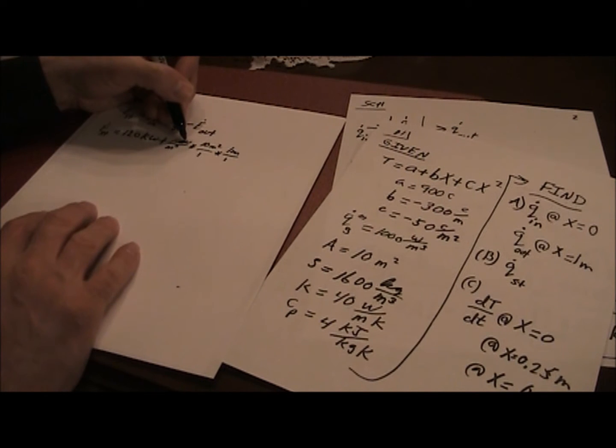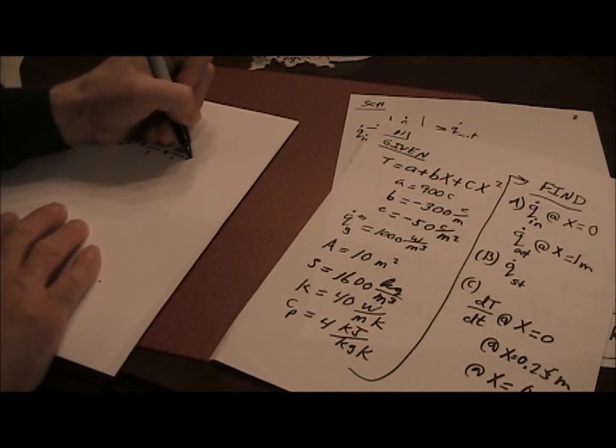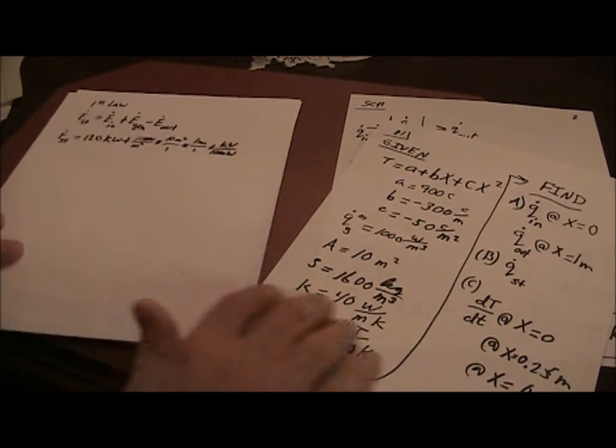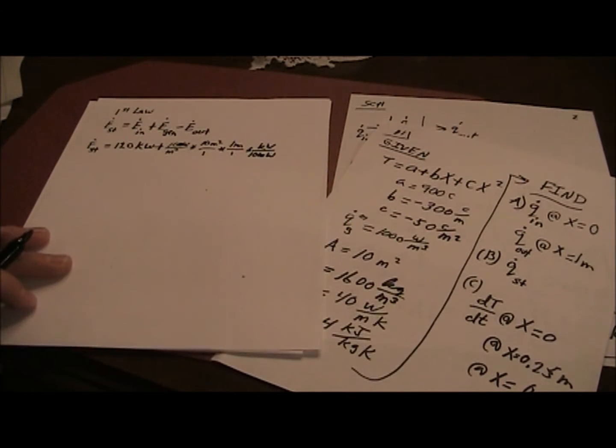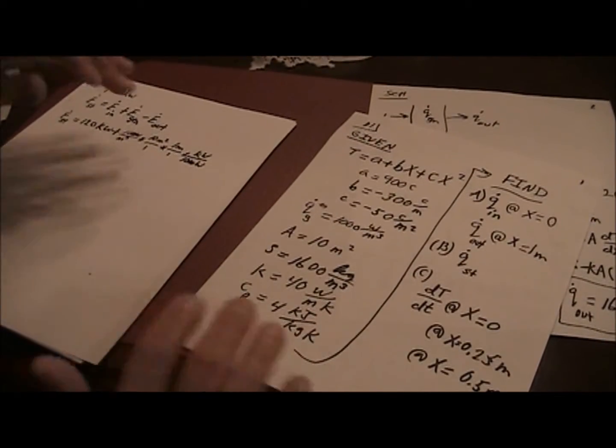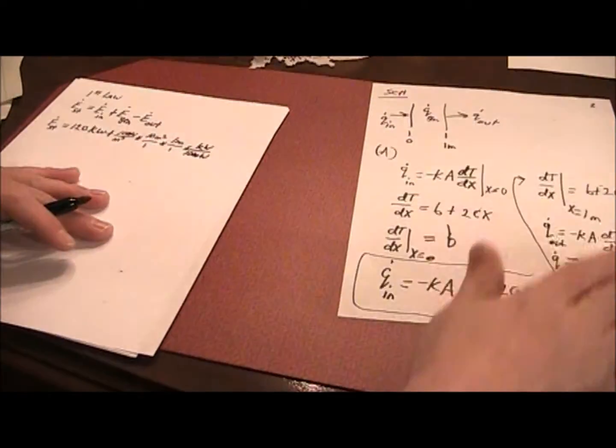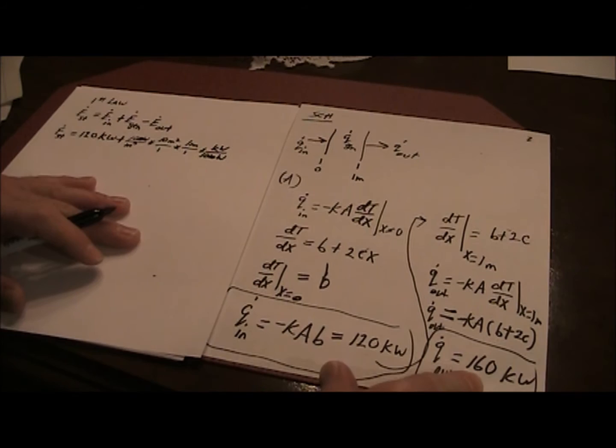And then this is watts, we need it in kilowatts, so let's see here, 1,000 watts is a kilowatt. Okay, then minus the energy out, which was 160 kilowatts.